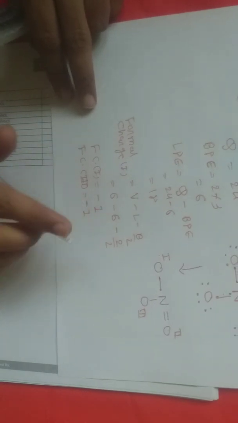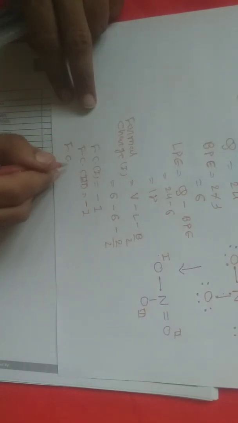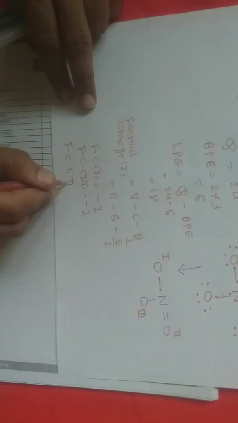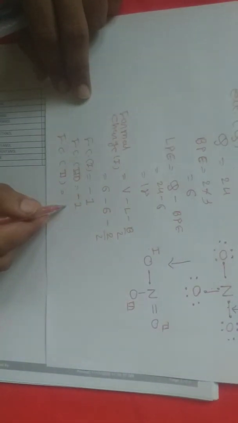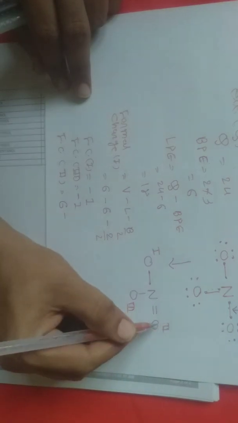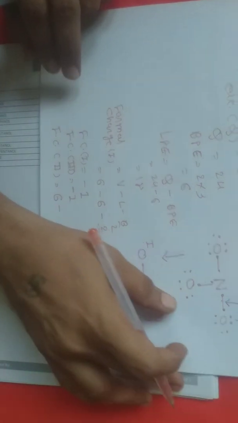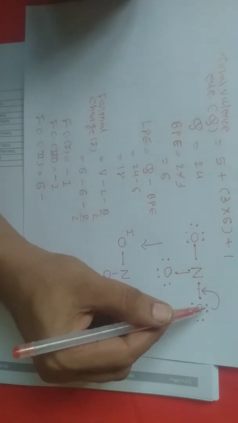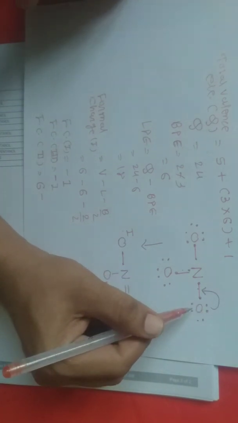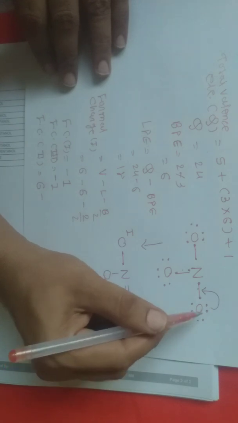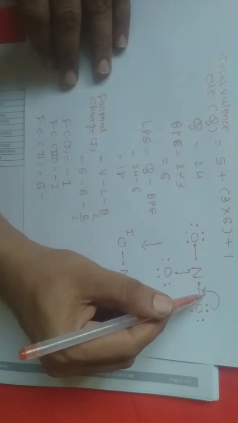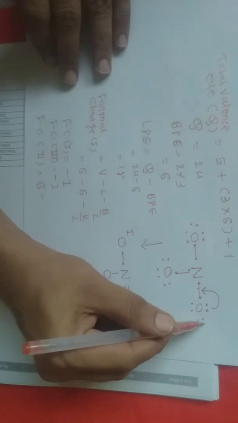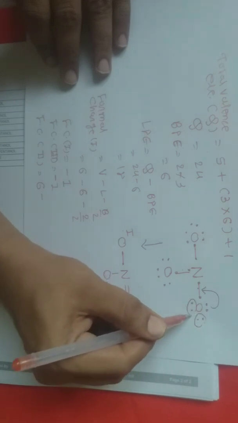Now if we calculate the formal charge of the second oxygen, then again the number of valence electrons of oxygen is 6. Now here if we talk about the lone pair, initially oxygen had 1, 2, 3, 4, 5, 6 electrons as lone pair. But out of the 6, 2 were used for making the bond. So 2 are consumed in making the bond. So now there are only 4 valence electrons.